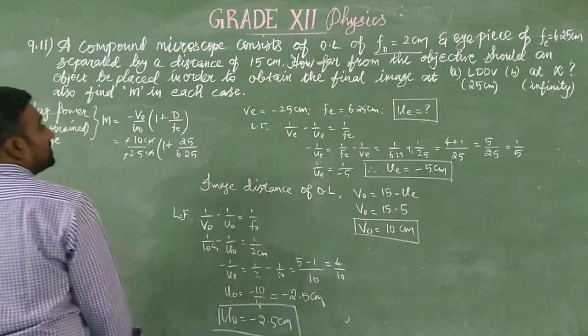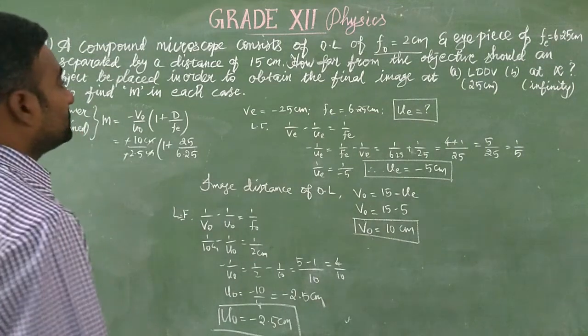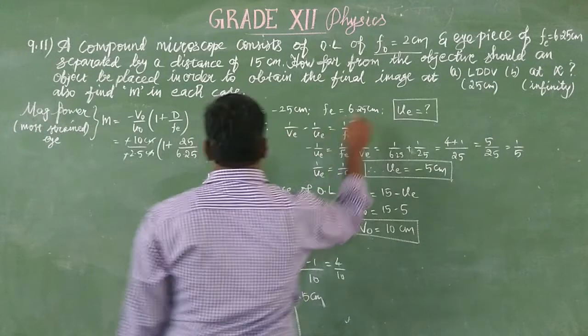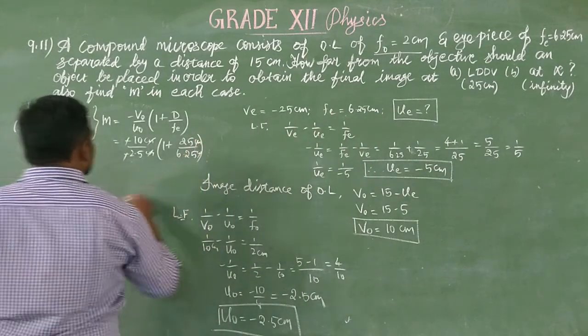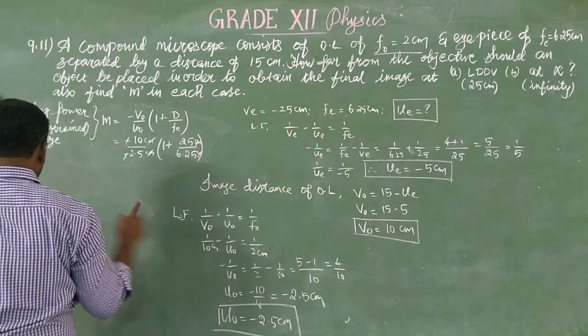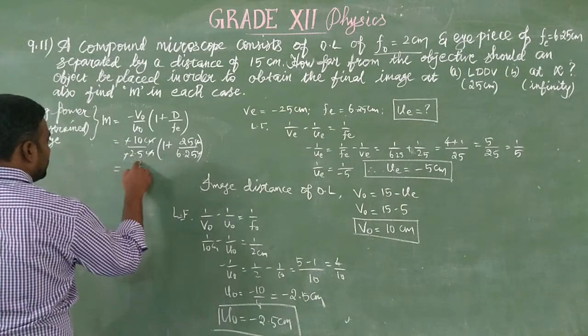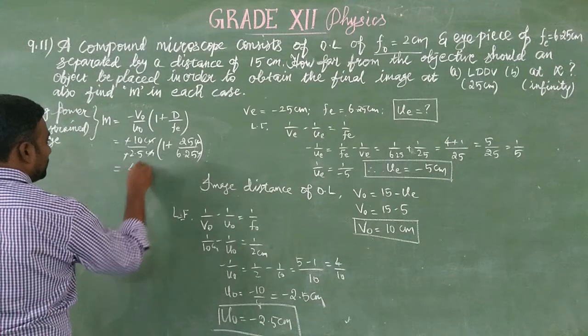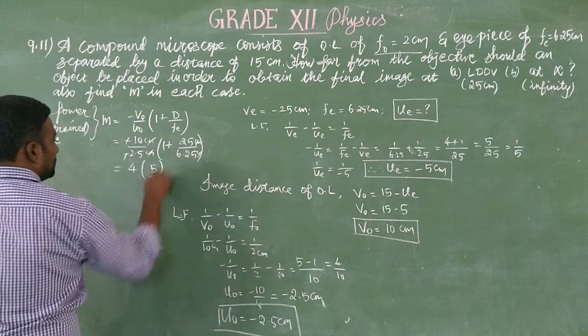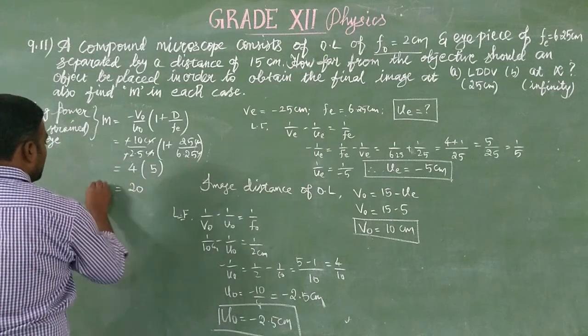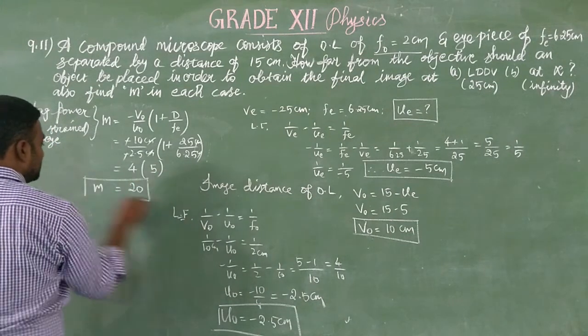Okay, the 6.25 is given. See it here, 6.25 centimeter. That also cancels. So after the simplification, 10 by 2.5 is 4. Then the cross multiplication, we get 5. So 4 fives are 20. Therefore, the magnification in that case is 20.